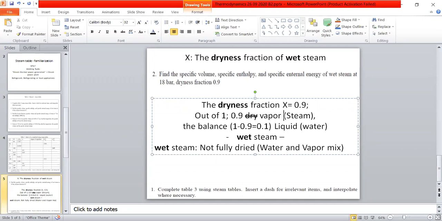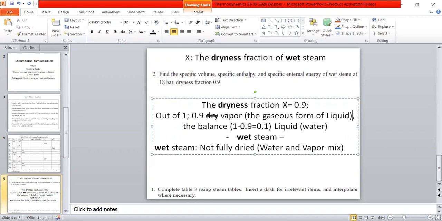So even if I take 0.9 as vapor, I just took the steam term out. The gaseous form of liquid is vapor.